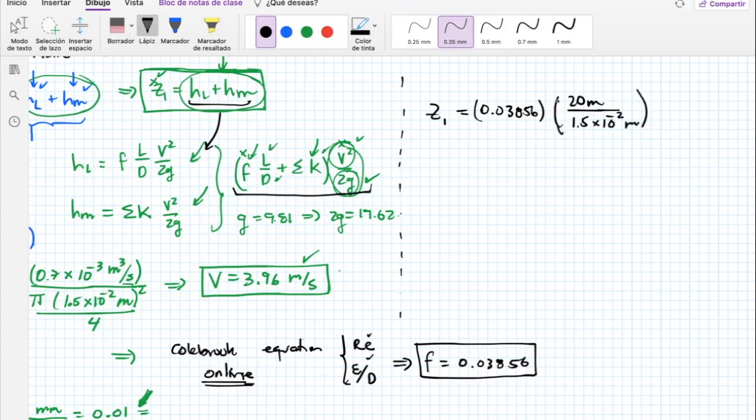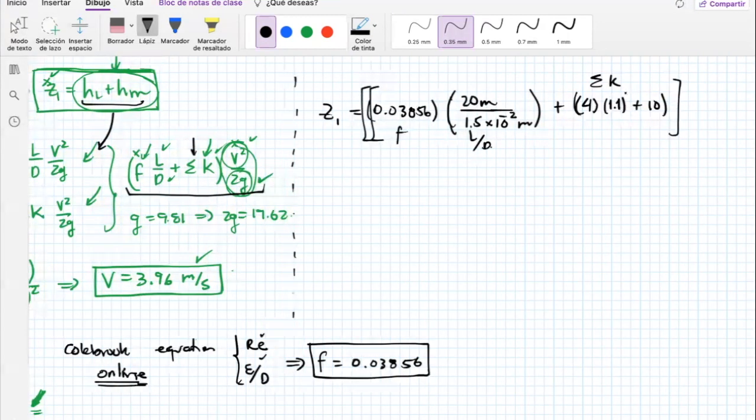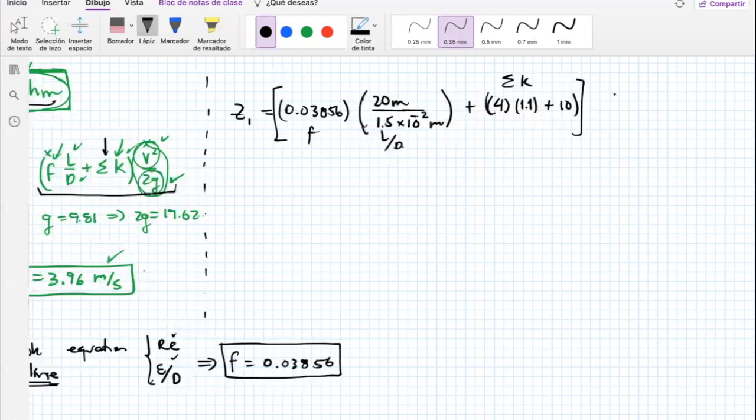So I have this F times L over D, multiplied by the sum of the minor losses: I need to add up the elbows, so 4 elbows times 1.1, plus the other K's above, so these are the sum of K's. Then I put a big parenthesis around everything, times V squared, which is 3.96 squared, divided by 19.62.